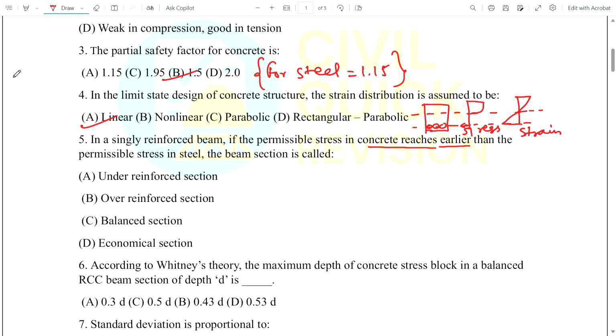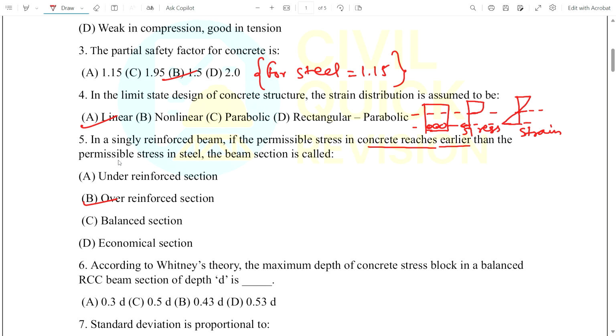Question number 5. In a singly reinforced beam, if the permissible stress in concrete reaches earlier than the permissible stress in steel, then concrete will fail first, so it will be an over reinforced section, and there we get no warning. In an under reinforced section, the permissible stress in steel is reached first. So in this question, the permissible stress in concrete reaches earlier than the steel, so that is called an over reinforced section.